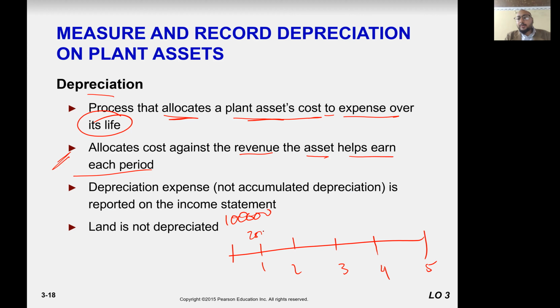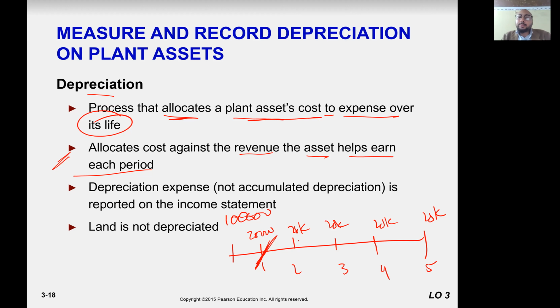Every year 20K. Every year 20,000 is used to generate yearly sales. Basically, you are distributing its cost equally over 5 years.